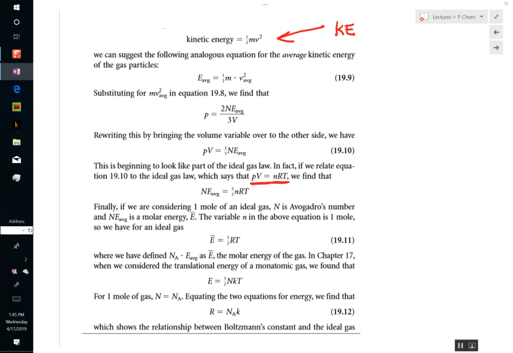So n drops out, we get to that equation. And you eventually get down here, it gives you a relationship between the ideal gas law constant and the Boltzmann constant. And the author here, at different points in the book, has said these are probably the two most important constants that you run across in chemistry and physics, the ideal gas law constant and the Boltzmann constant. And they're related to each other by Avogadro's number.